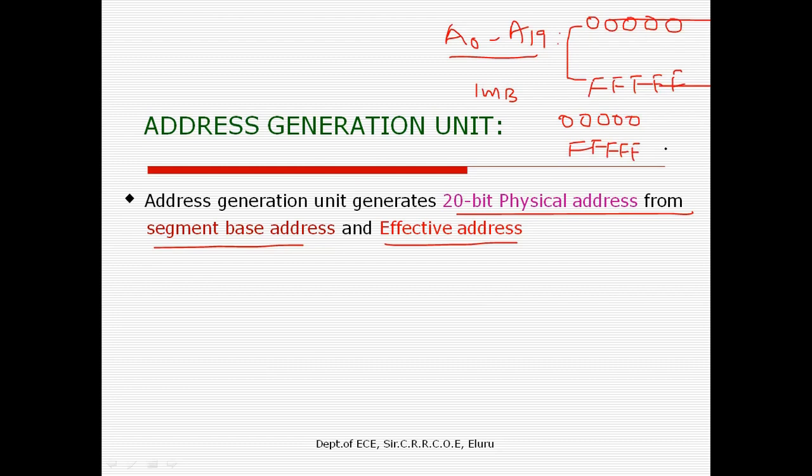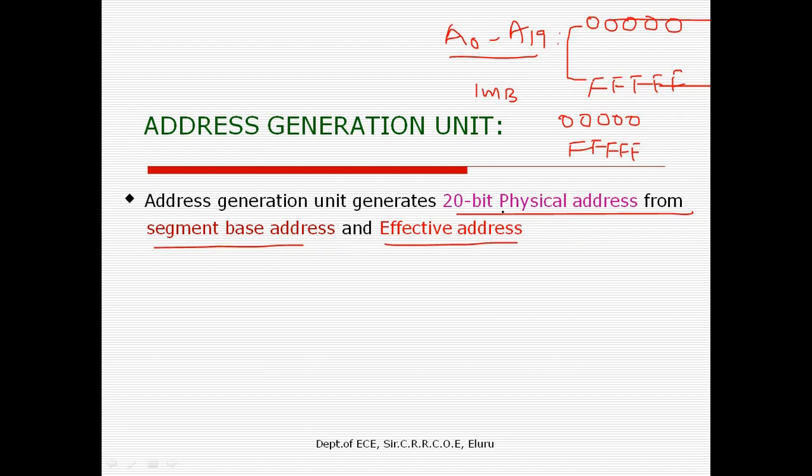Now, to have this 20-bit physical address for the 8086, we require two 16-bit addresses. They are the segment base address, which is provided by the segment registers, and the effective or offset address, which is provided by the instruction pointer register.